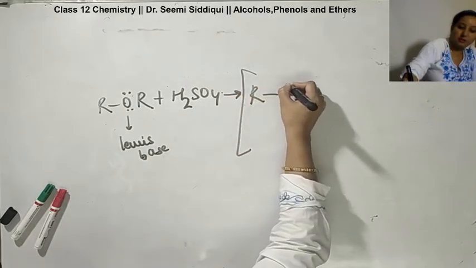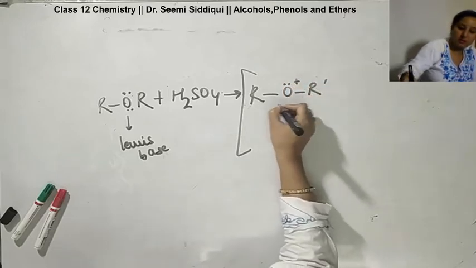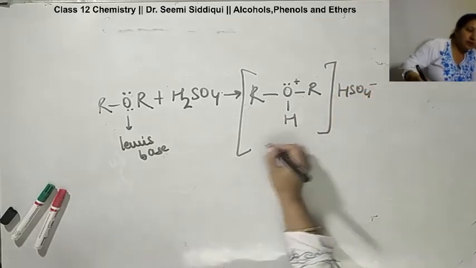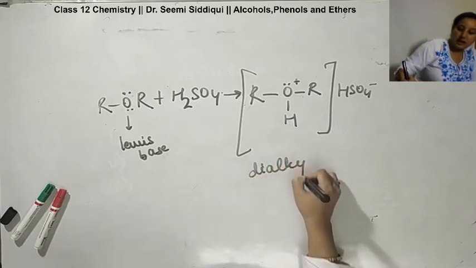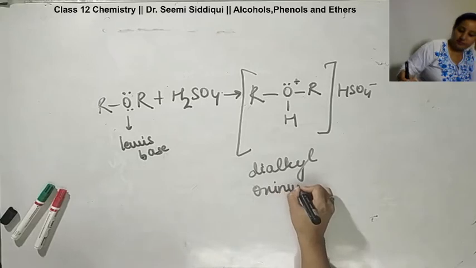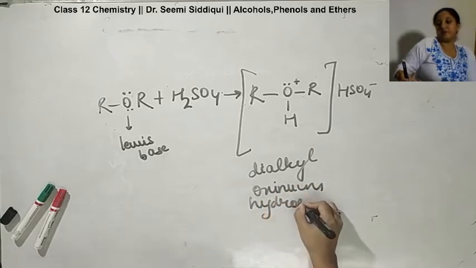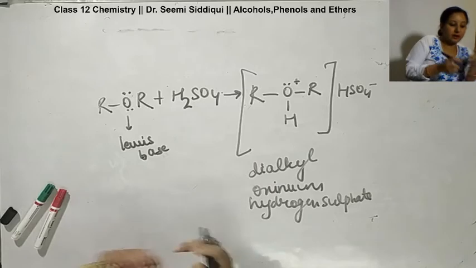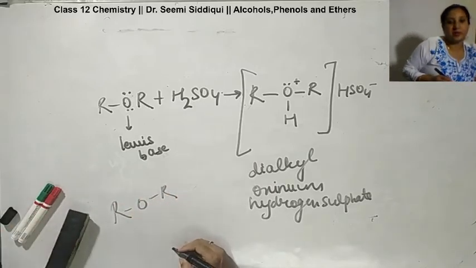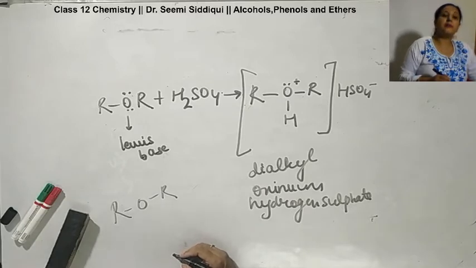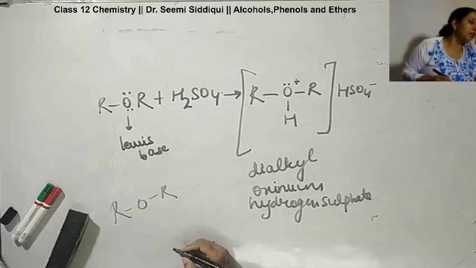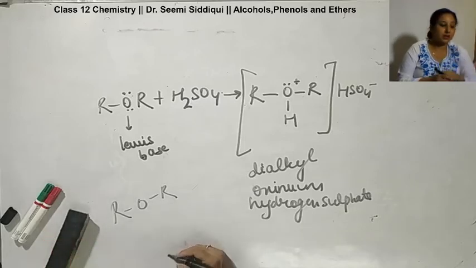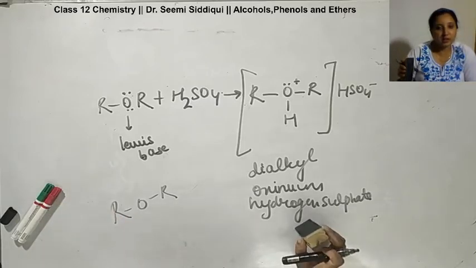It is going to convert into HSO4 minus, and it is going to act as a dialkyloxonium hydrogen sulphate. Now whenever the ROR terminology comes, always remember that tertiary halides are the stable ones, meaning the more stable carbocations are formed, isn't it? So this is the reaction for the concentrated one.